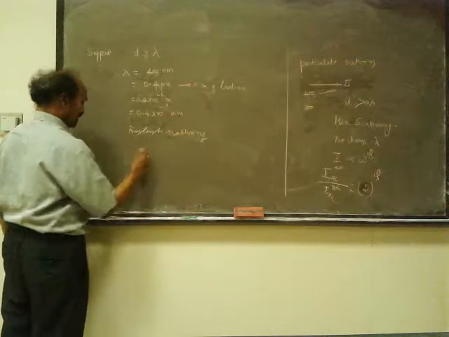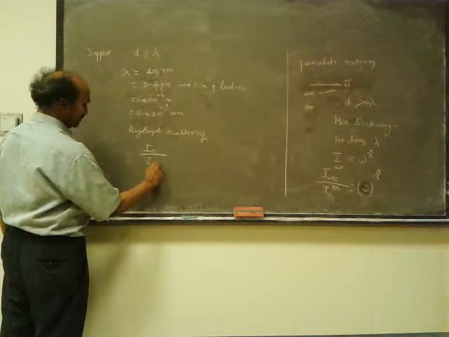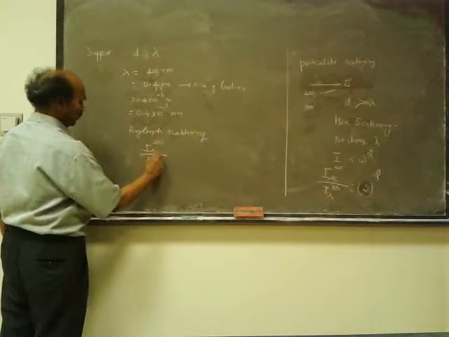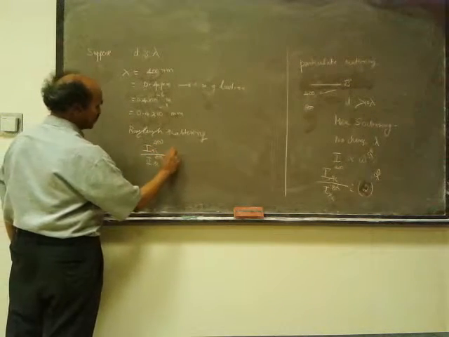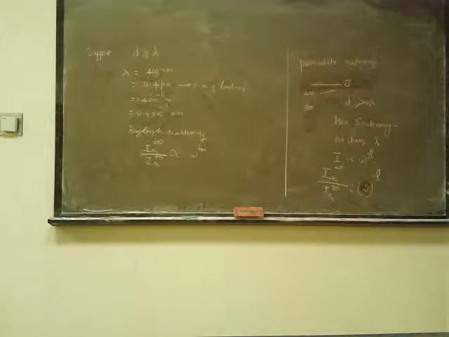And in Rayleigh scattering, the intensity of scattering for 400 over 800 is proportional to omega power 4. This is the property of Rayleigh scattering.